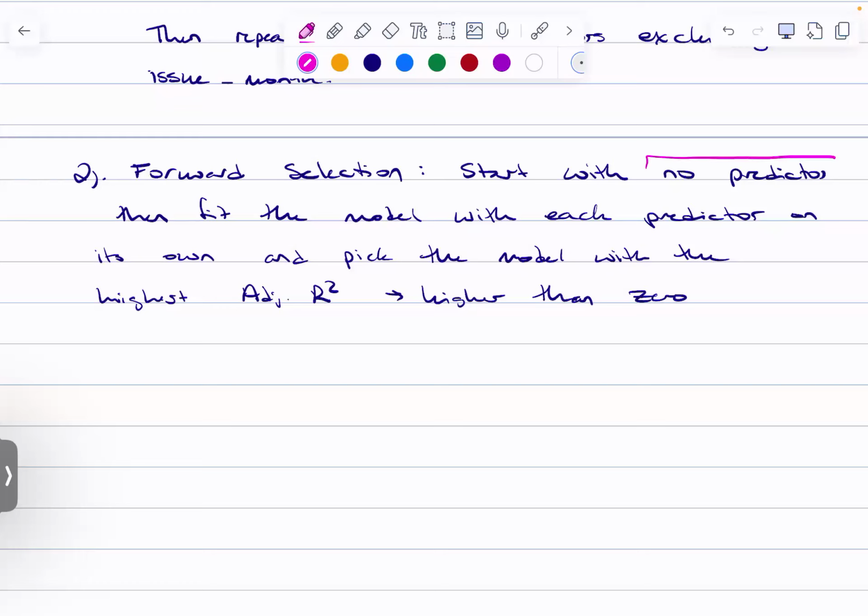Because with no predictors, the adjusted R squared is 0. That's bad, but it also makes sense, right? With no predictors, you're not able to capture any of the activity in Y. You need to include predictors in order to capture that activity. And so that's nice. Now you've got a baseline of 0 and you just want to increase it from 0 as much as you can.